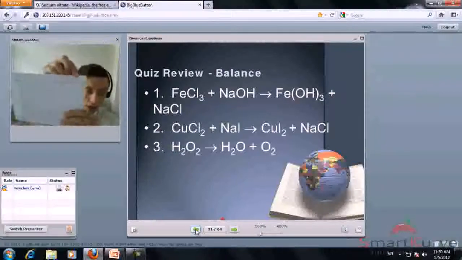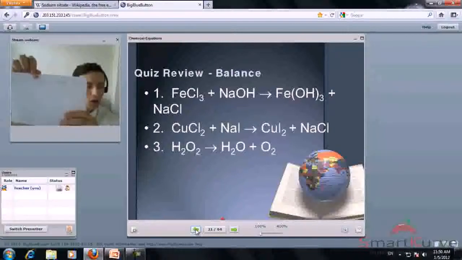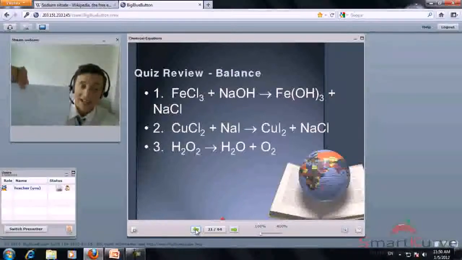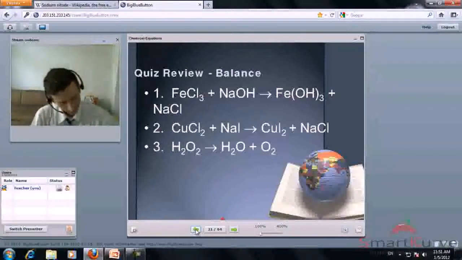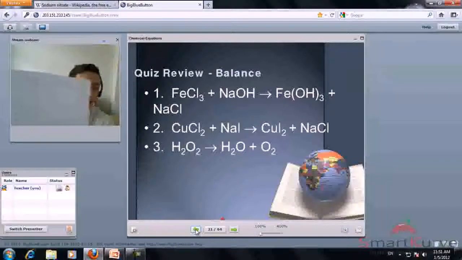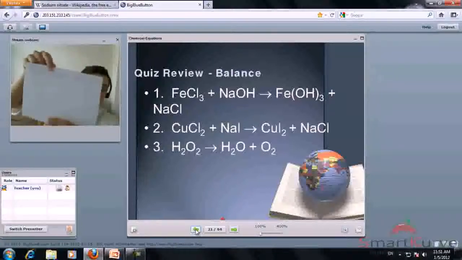Well, now we've got 3 atoms of sodium on the product side, but only 1 on the reactant side. So now we've got to add another coefficient to balance the sodium. There we go. Now we have 3 sodium atoms in the product side and 3 sodium atoms in the reactant side.